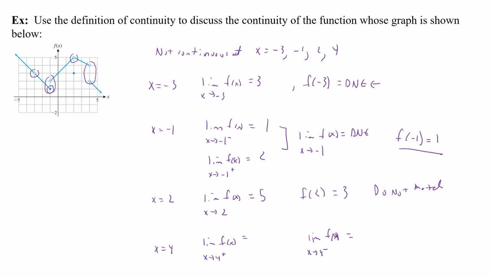From the right, it looks like 2. From the left, it looks like 4. So basically, the limit of f of x as x approaches 4 does not exist, because those have to be equal to make it work, and those are not equal.